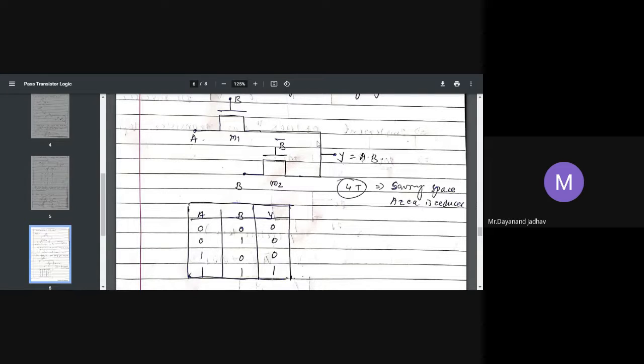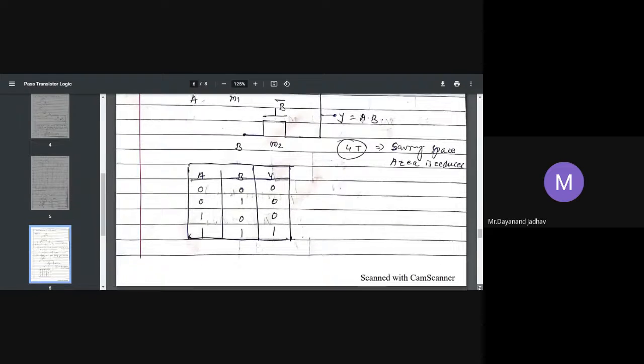Using NMOS only, it saves space and the area is also reduced. This is the advantage of the pass transistor logic. In this way, we can implement the AND gate using the pass transistor logic using NMOS only.